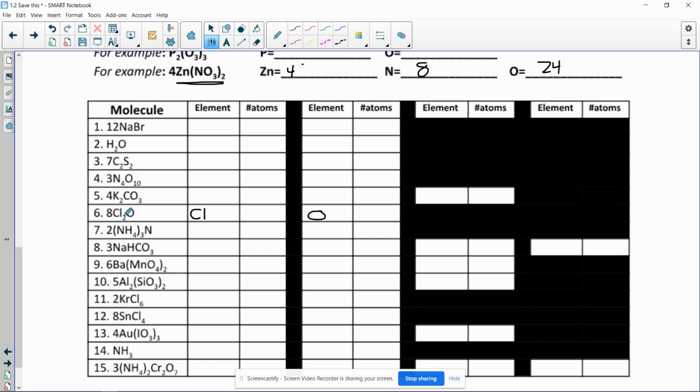So Cl2O. So Cl2, there's 8 of these. So that's going to be 16 chlorines total. And then in one molecule of Cl2O, there'd be one oxygen. But there's 8 of these, so 8 times 1, I'm going to do 8 oxygen.